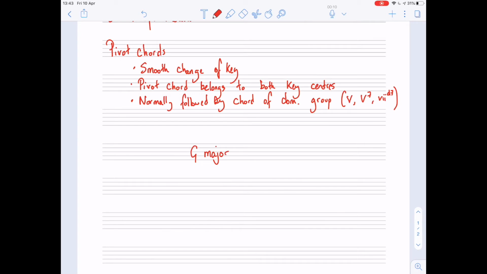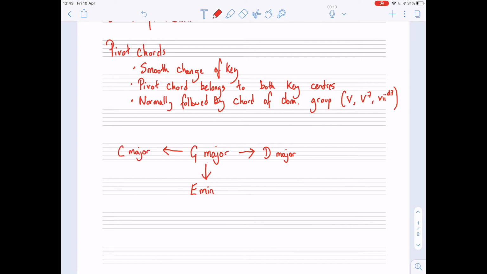Now the relative minor of G major is E minor. The dominant, if I go up 5 notes from G major, I get to D major. And the subdominant, if I go down 5 notes from G major, is C major.